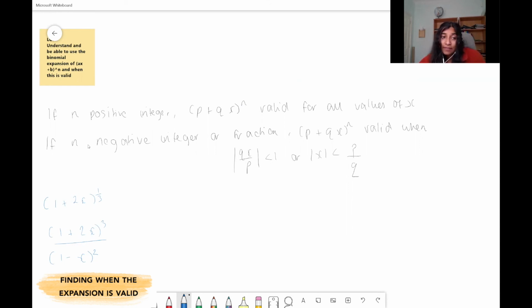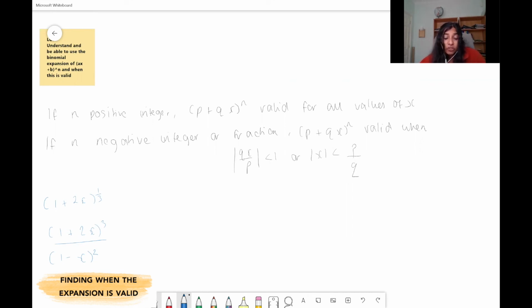Then if n is a negative integer or a fraction, then your binomial expansion of p plus q x to the power of n would only be valid when the mod of q x over p is less than 1, or, which is probably easier to work out, the mod of x is less than p over q. So these are just the same.